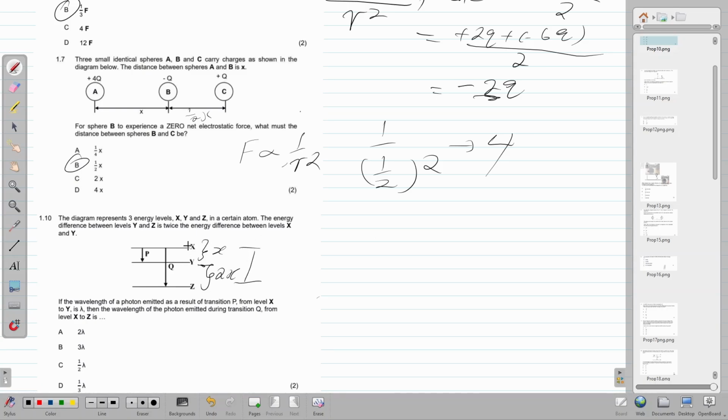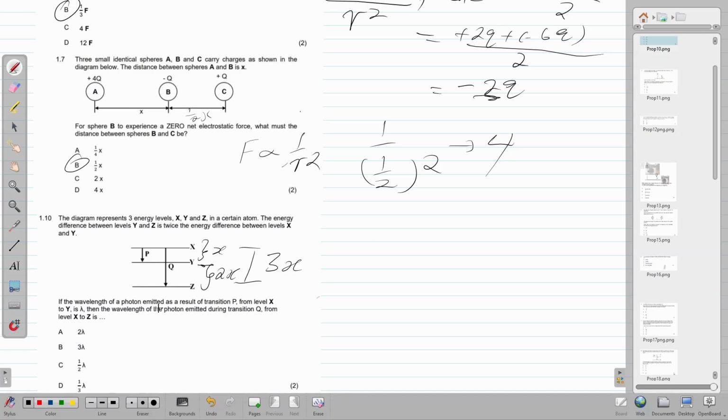From X to Z it's going to be 3x, meaning that the energy of transition Q is 3 times the energy of transition P.